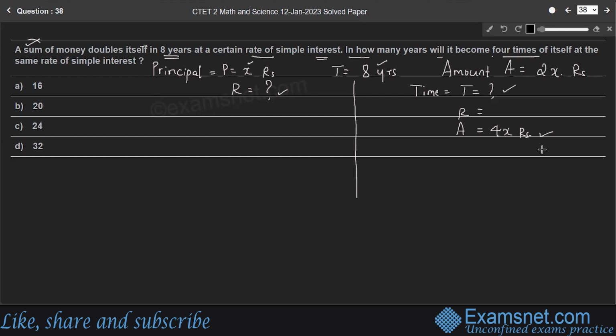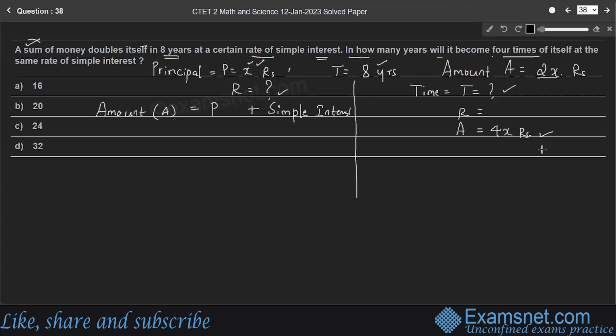Very simple question. Let us find the rate of interest using the formula of simple interest. For a sum of x rupees, added with the simple interest, we got an amount of 2x rupees for 8 years.